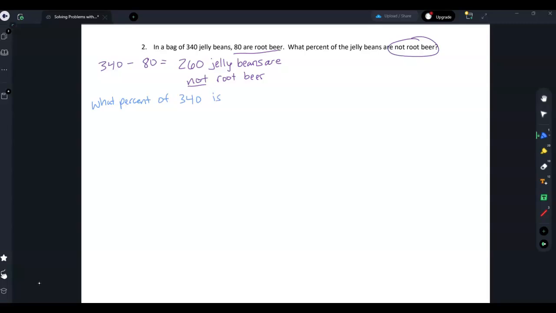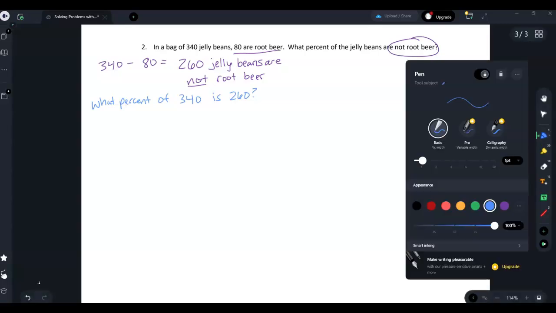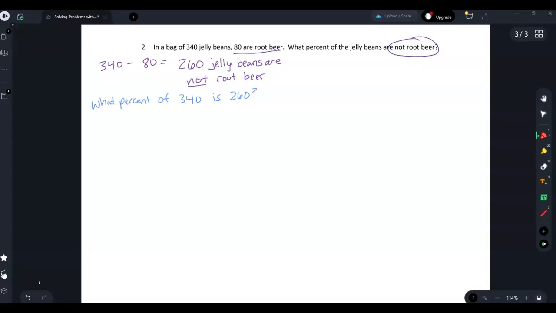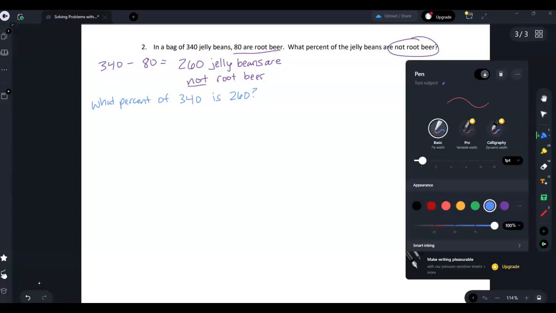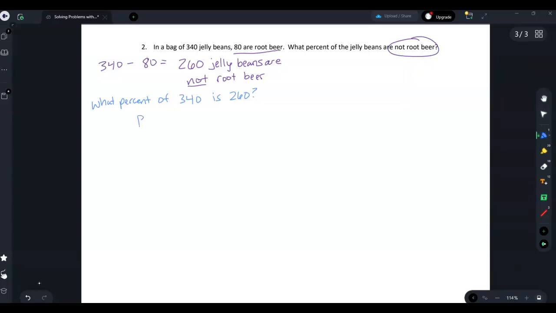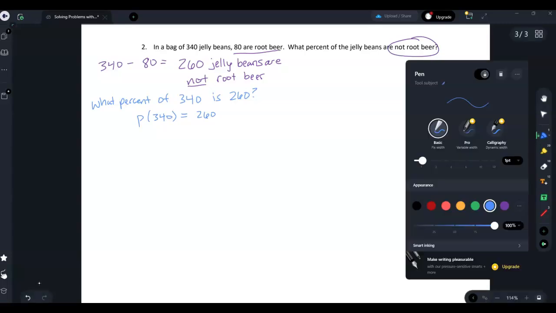Is, and then my is part would be 260. And then translate that, right? I guess I'll go ahead and write that. So I'd have something like P times 340 equals 260. So something like that is what it might look like.